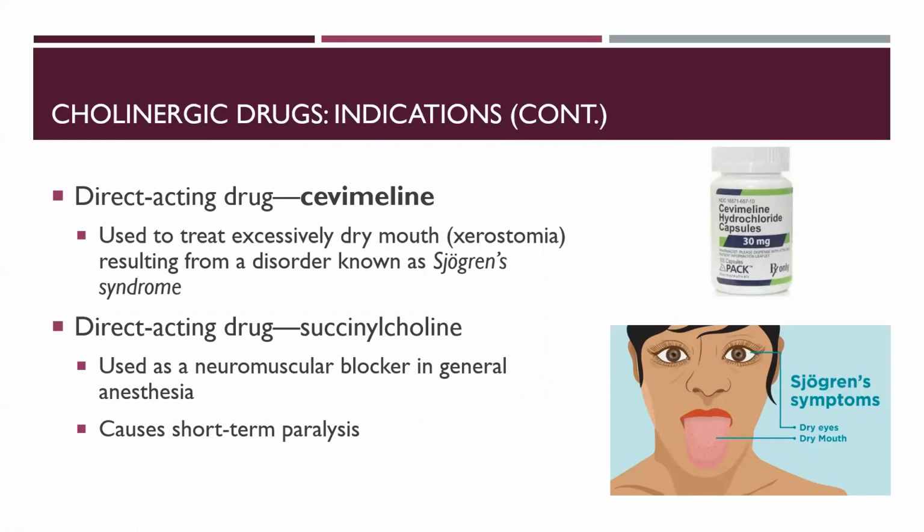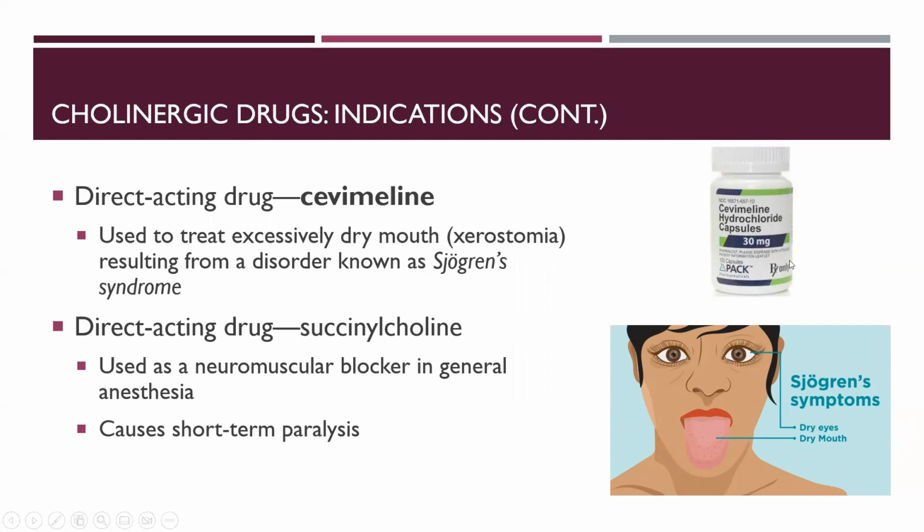So these are some of our other indications. You've got a direct acting drug, which is our cevimeline. It's used to treat excessive dry mouth or xerostomia. Whenever you see xerostomia, what we're talking about is dry mouth. And that can result from the disorder known as Sjogren's syndrome. And Sjogren's syndrome is basically where they have very dry eyes and dry mouth.